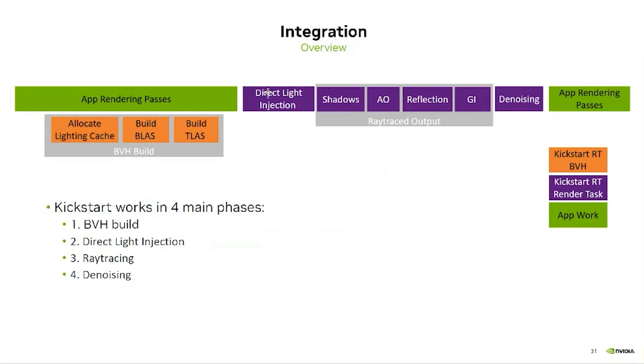Then you have these new Kickstart passes, which are violet. So direct light injection, that's just filling the LightingCache. Then your ray traced effects that you chose and denoising. And then there is a final render pass, again in your application, where you compose the final image together from all the components.